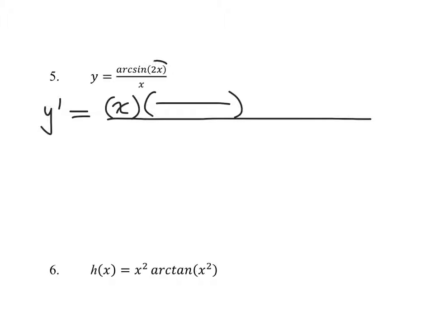My u is 2x, so 2 on the top, square root of 1 minus 4x squared on the bottom, minus the high, which is arcsine of 2x, d low, which is the derivative of the denominator, is just a 1, so I'm not even going to write that, over the denominator squared, x squared, and away we go.